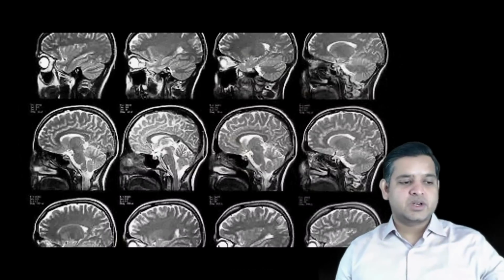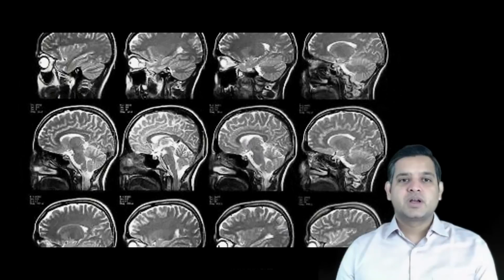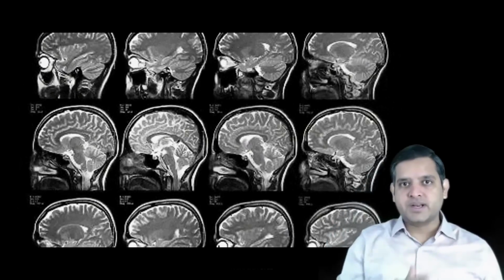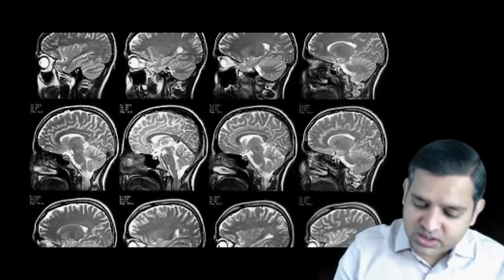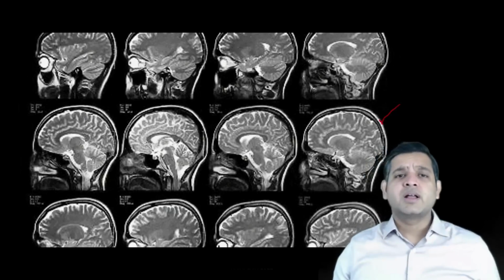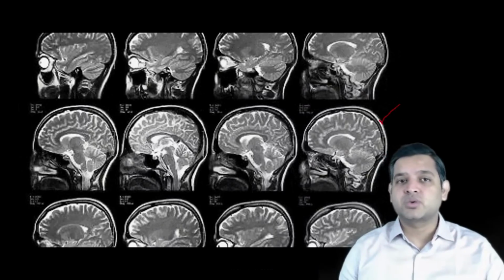On the other hand, if you see this particular image, can anybody tell me what this image is? Now this is the brain. This is the sagittal section of the brain. Do you see this white structure and think it is cortical bone? What you're not realizing is that's not the cortical bone, that's scalp.